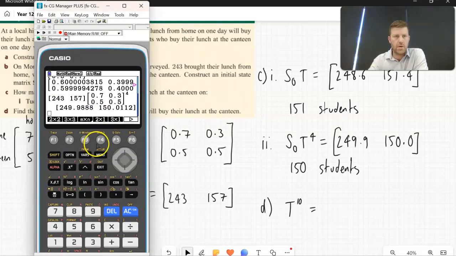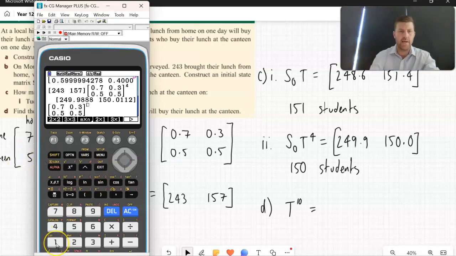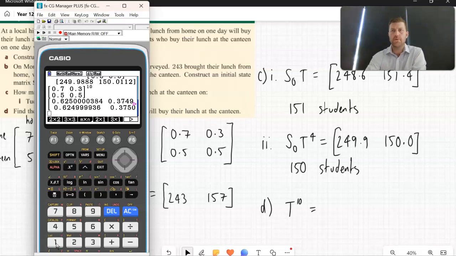So I'll pop in another 2 by 2. The transition matrix, as we said, was 0.7, 0.3, 0.5, 0.5. Raise that to the power of 10, and it gives us a transition matrix which is converging.